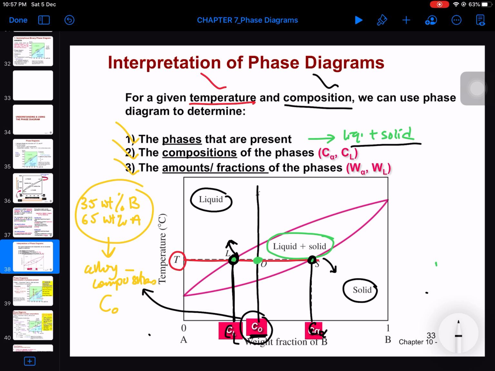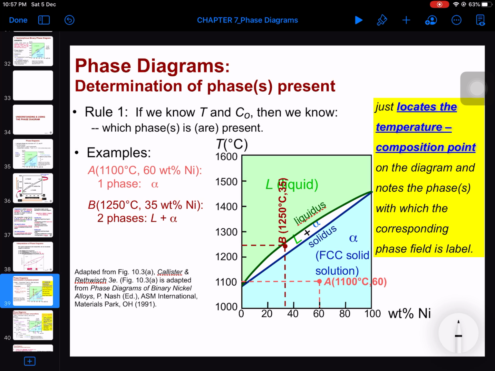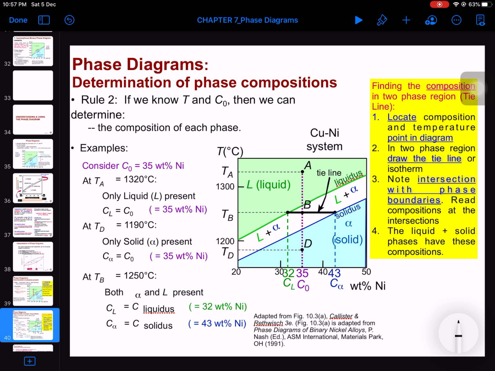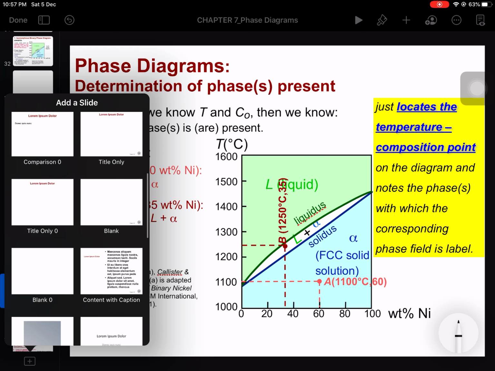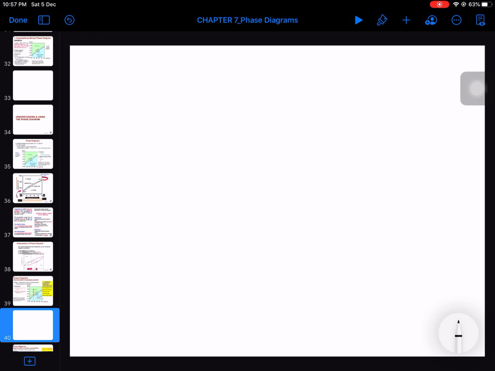In order to get to the third one, we have to draw what we call a tie line. To draw the tie line, let me quickly draw another diagram for you.